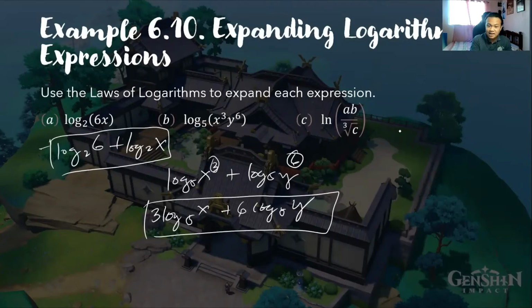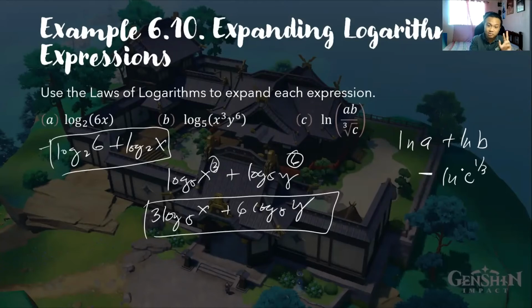And ln, so ln a plus ln b. Okay, so ln a plus ln b. And then minus, since it is in the denominator, right? So minus ln c to the 1/3, because it's a cube root, so 1/3.